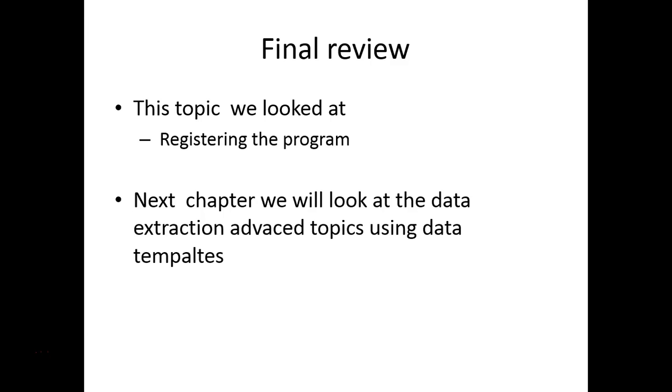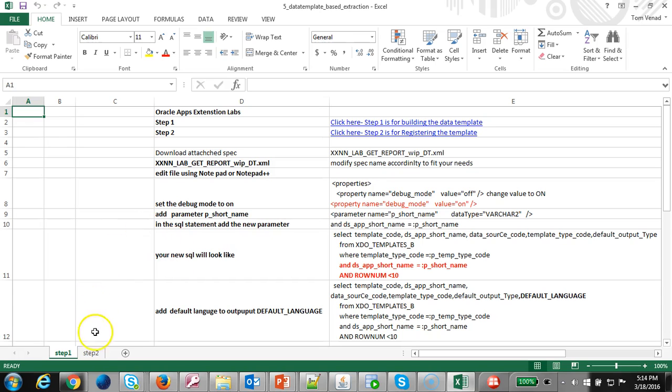Before we conclude, let's open the lab Excel file and see what needs to be done there. As always, the Excel sheet has two tabs. One is step 1 and the other is step 2. For the purpose of this lab, we would use Notepad++, or you can use any other editing tool.